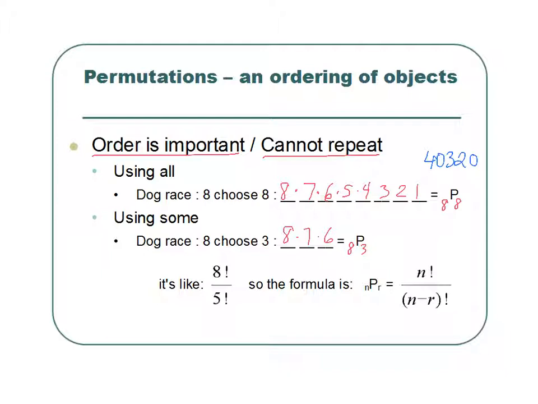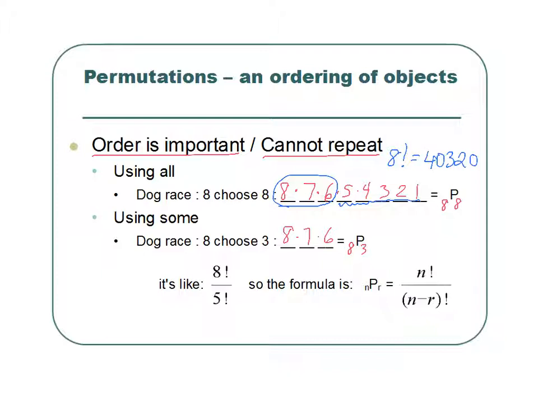That is no longer this 8 factorial that I had up here. 8 factorial was equal to that 40,320. All of a sudden, I am now only using this much of the 8 factorial, which means I'm not using 5 factorial. When I do 8 choose 3, I'm basically taking 8 factorial and dividing it by 5 factorial. And all that's going to be left then is the 8, 7, and 6.